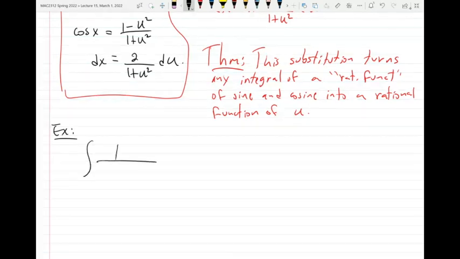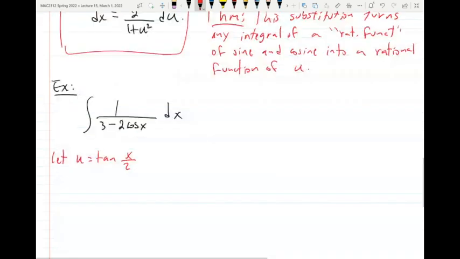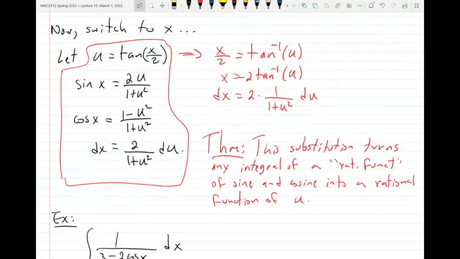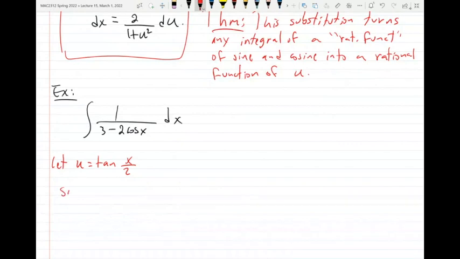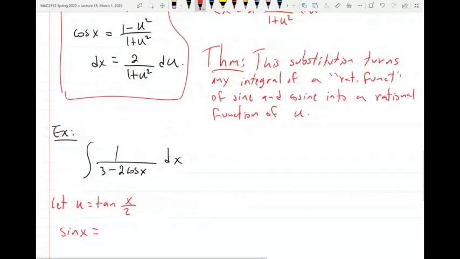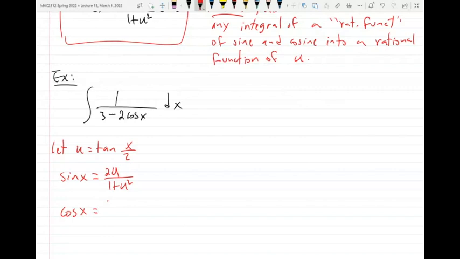For example, let's do the integral of 1 over 3 minus 2 cosine x. The substitution is u equals tangent of x over 2. Once we declare that this is our u, it immediately comes with the 3 formulas that we derived. We have the sine; we don't really need it here because there is no sine, but I'm going to put it. Then we have the cosine.